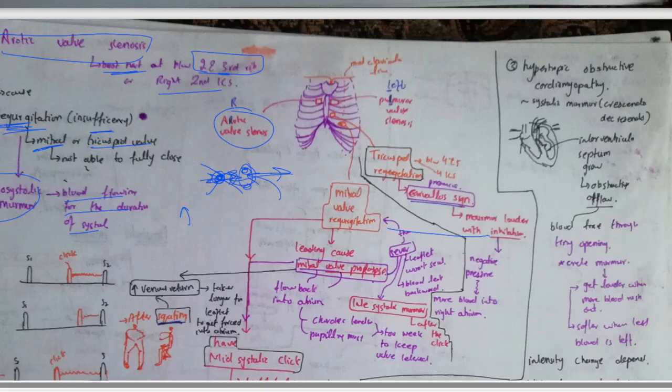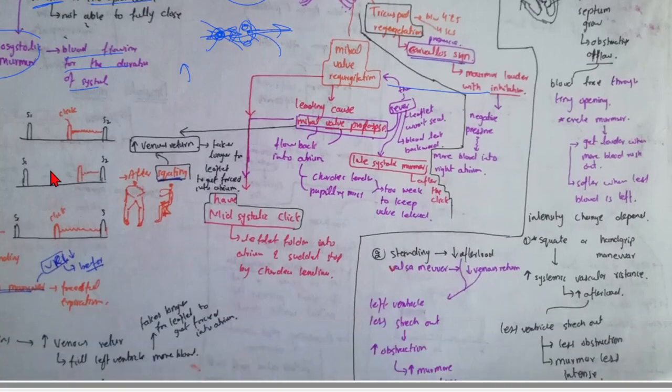Now we will talk about the mitral valve prolapse murmur. For example, in S1, when the systole starts, at the mid the more blood moves out of the ventricle. For example, this is the ventricle, this is the atria.